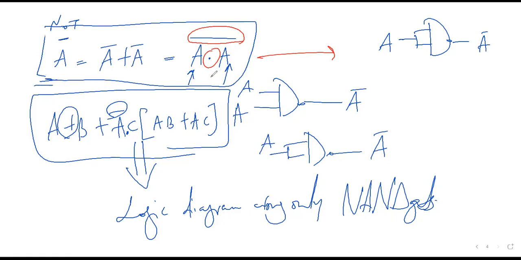So this is the manipulation for the NOT gate. And we are now on the OR gate. You have X plus Y, one expression with two inputs. This is an OR gate. How do I manipulate it so that I get something like this with a bar with two inputs?